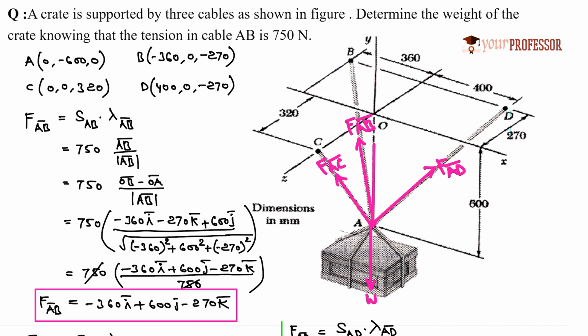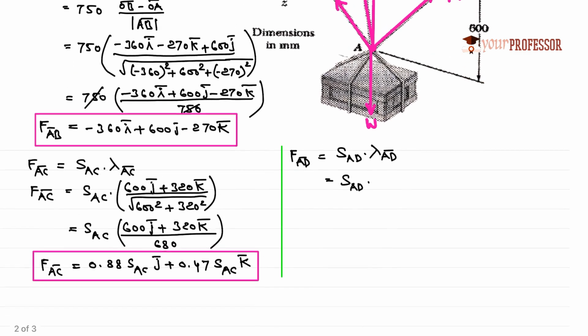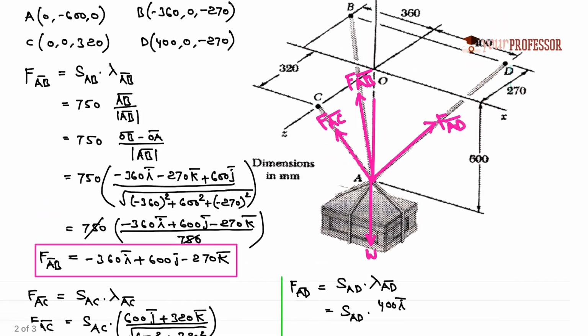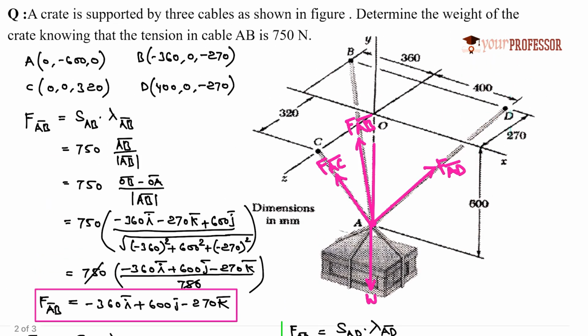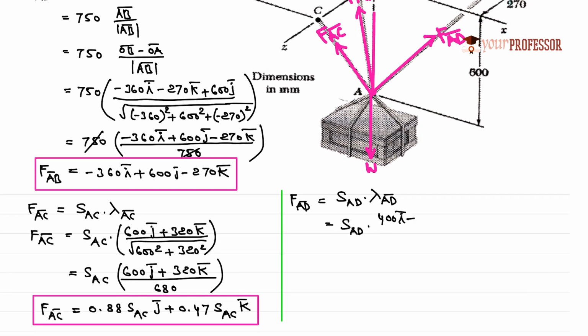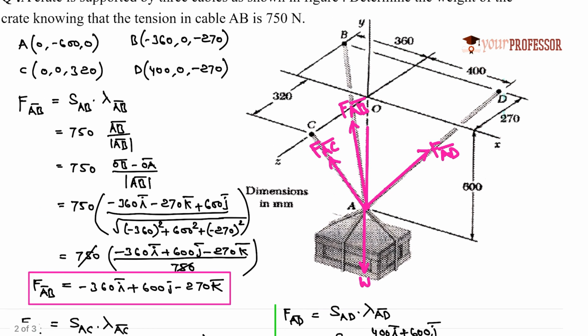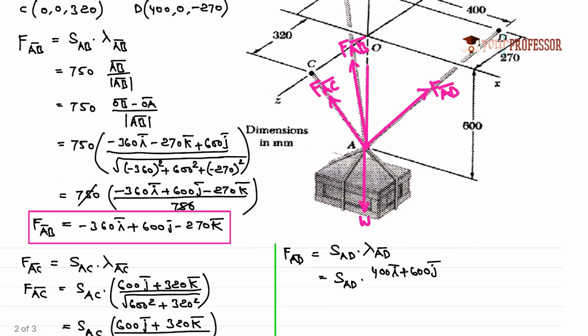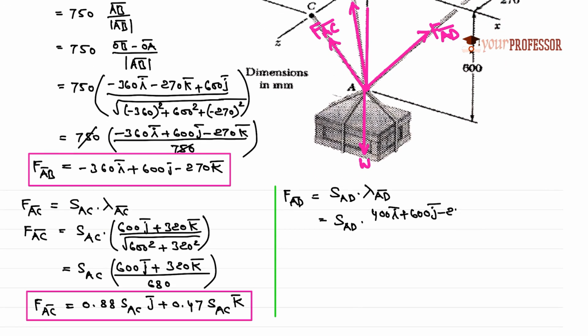So 400 I bar, this is 400 I bar, 0 minus of minus 600, that is plus 600 J bar, and minus 270 minus 0, nothing but minus 270 K bar, divided by its magnitude, nothing but square root of 400 square plus 600 square plus minus 270 whole square.